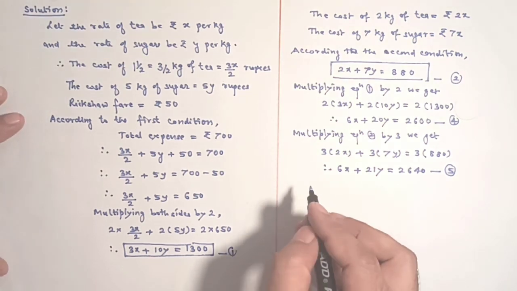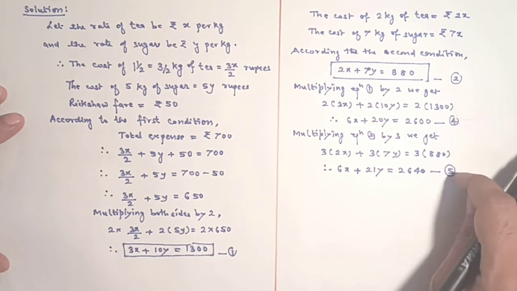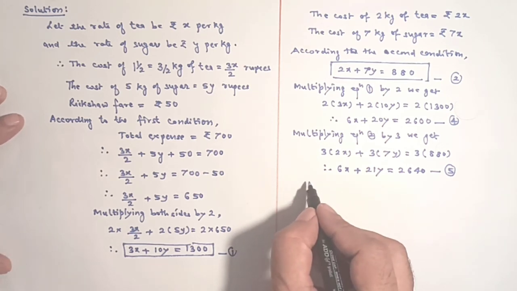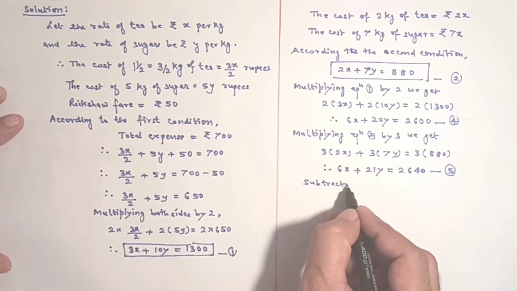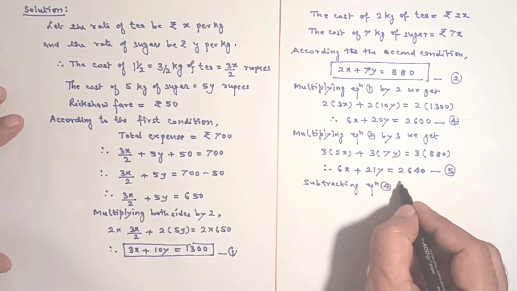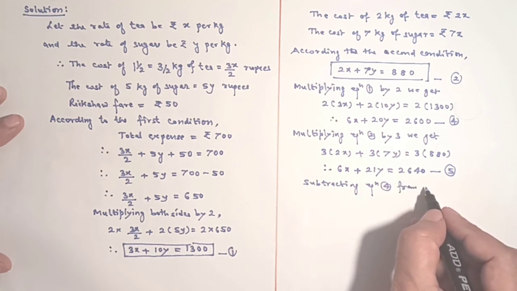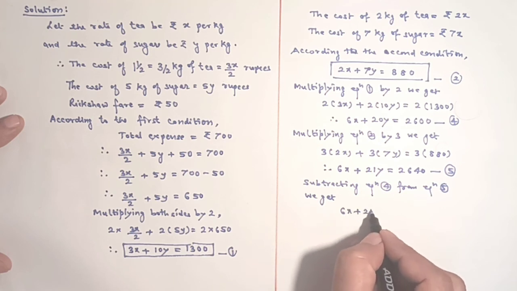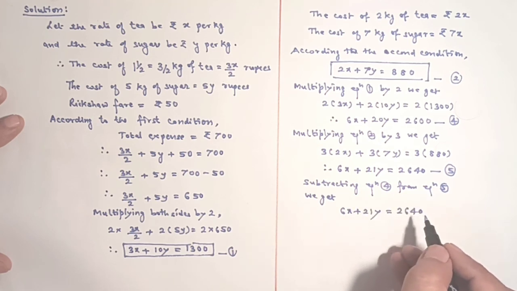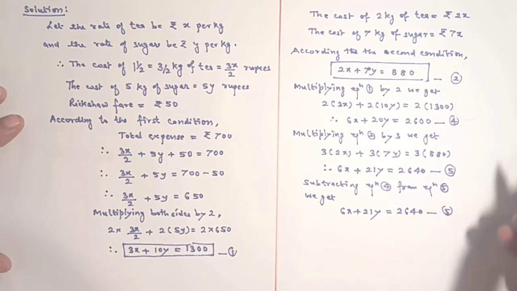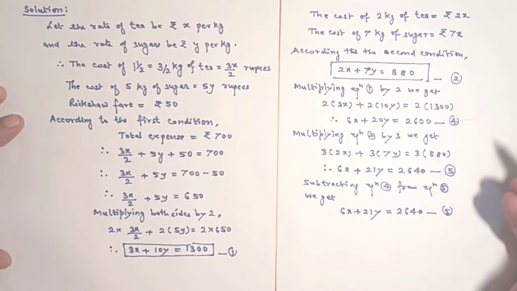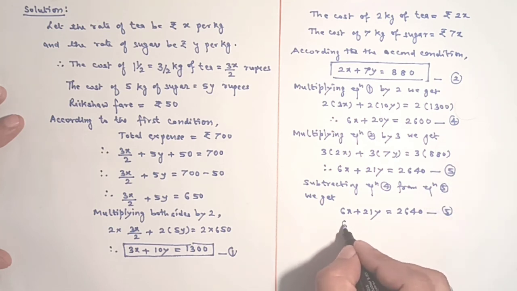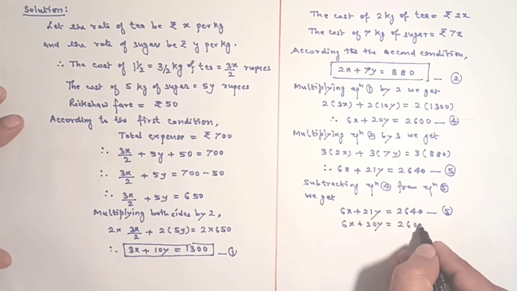Now you can subtract equation 4 from equation 3. I forgot to label them properly, so write here 3 and 4. The third equation is 6x plus 21y is equal to 2640 and the fourth equation is 6x plus 20y is equal to 2600.